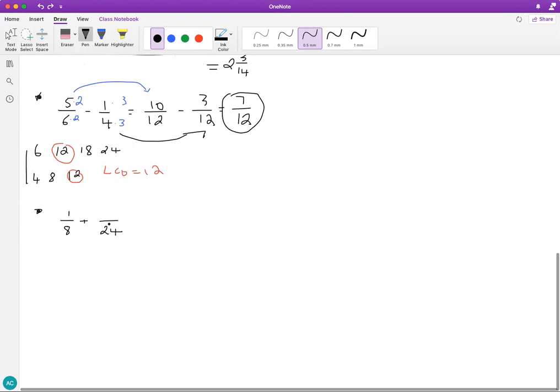Let's make it simple. You probably already see what the LCD here is, or you can always use multiples.